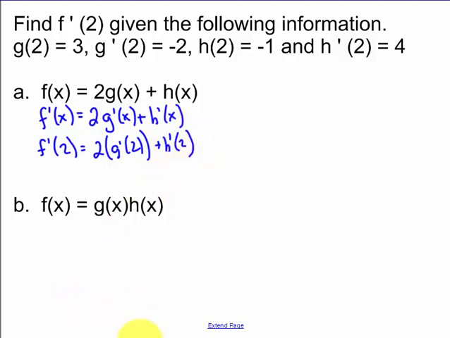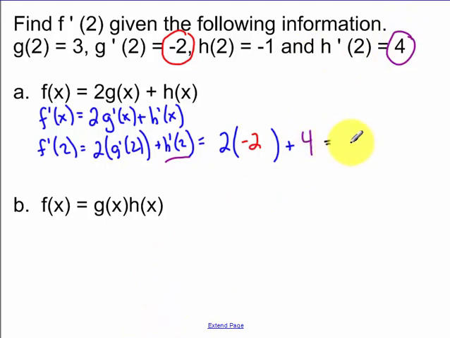Now, okay. So I have 2 times g prime of 2. G prime of 2 is a negative 2 plus h prime of 2. H prime of 2 is 4. So this all simplifies to be a negative 4 plus 4, which is a 0.